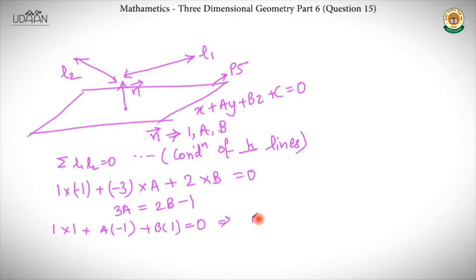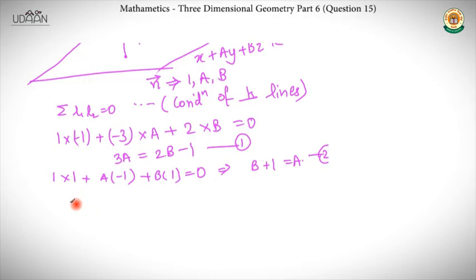This would imply b plus 1 equal to a. So these two equations would give values of a and b, which are found to be a equal to minus 3 and b is minus 4.